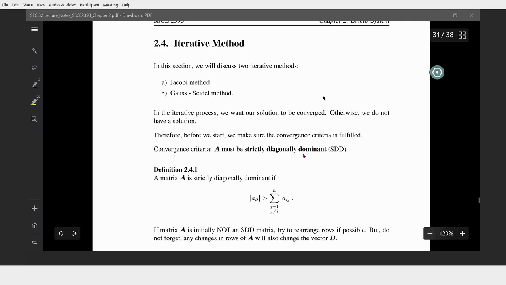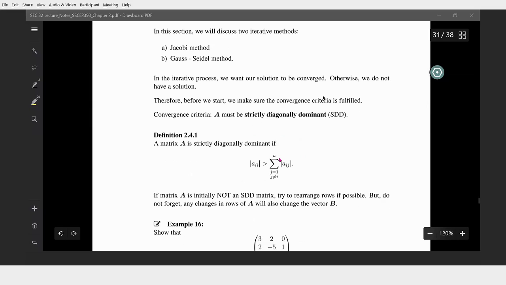In short, we can write it as SDD, strictly diagonally dominant.